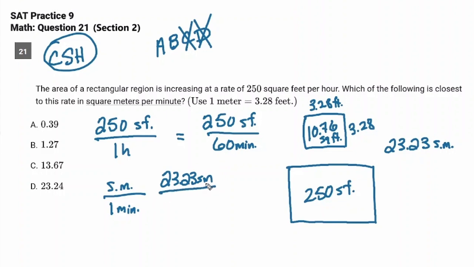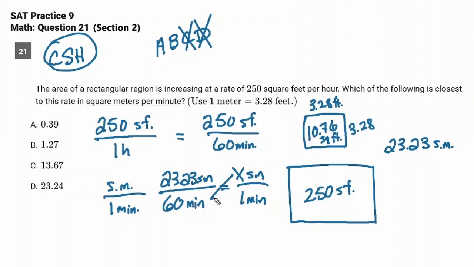And how long will it take to do 23.23 square meters? 60 minutes. Same thing as 250 square feet. But we don't want 60 minutes. What do we want? We want 1 minute. And we want to find out how many square meters. We don't know. So it's x. So it's 23.23 over 60 equals x over 1. Fraction equals sign fraction.